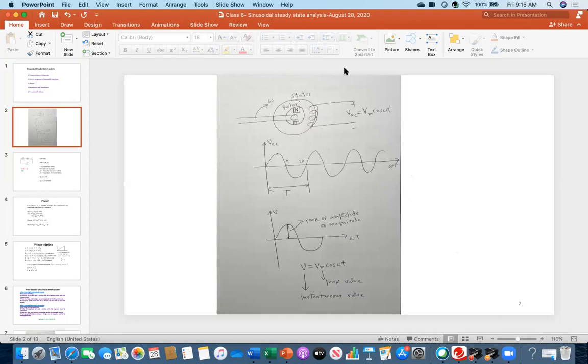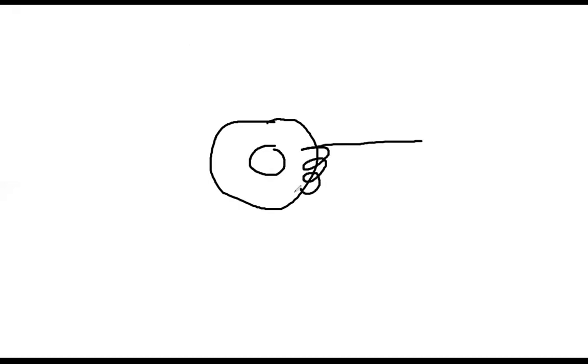Let me take you to the whiteboard first and then you will get the fun. As I said, at our home we have the AC. So what happens in real practice? For example, I have drawn a circular body and I am placing some coil in it. This is one terminal, this is the other terminal, let's say plus and minus.